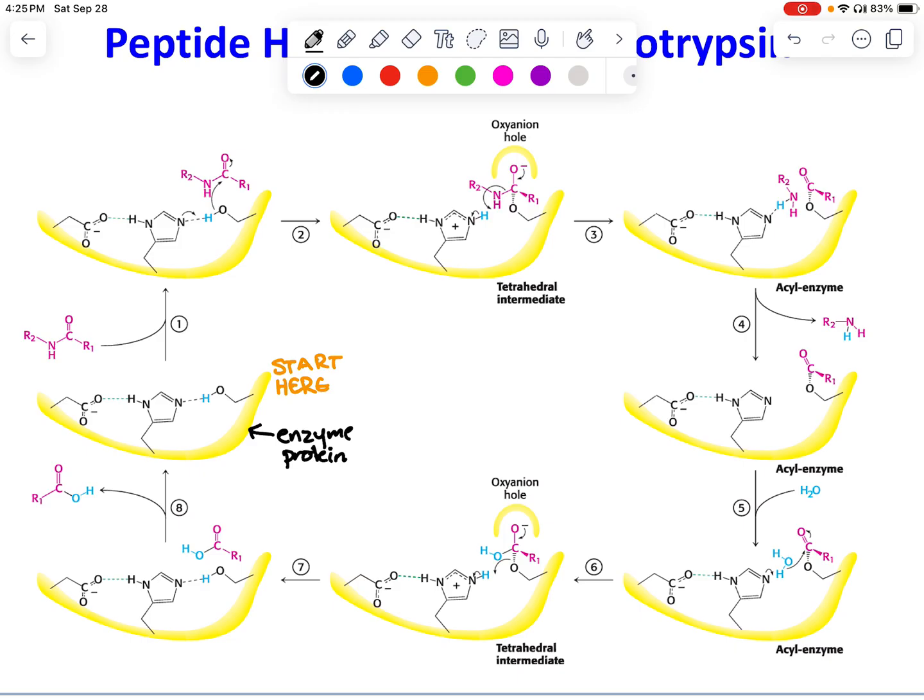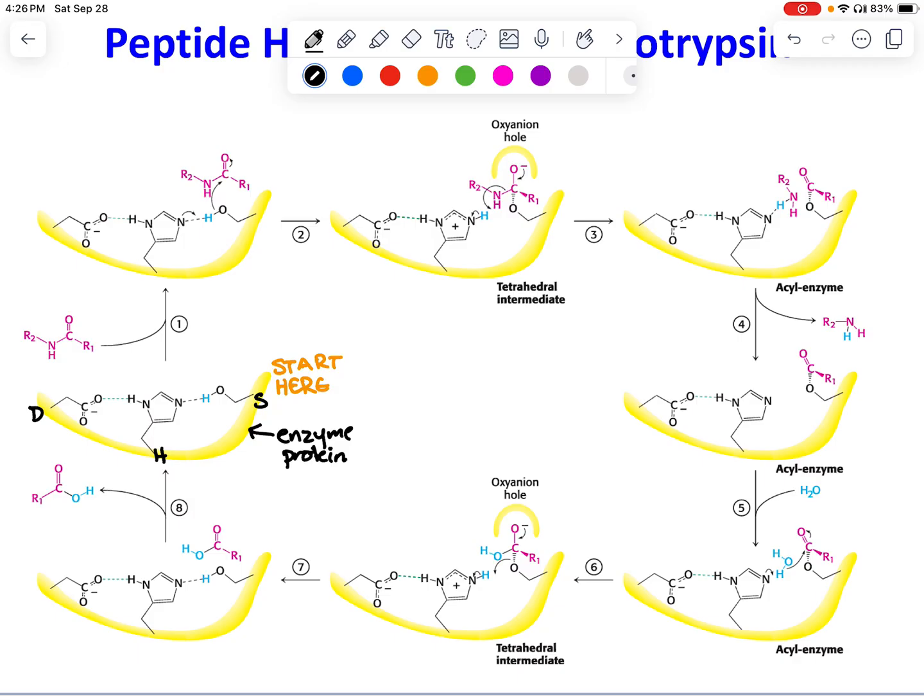But what we have drawn out are the triad, right? So you've got your aspartate, you've got your histidine, and you have your serine. We're showing those three specifically because they are going to be important to our overall mechanism.